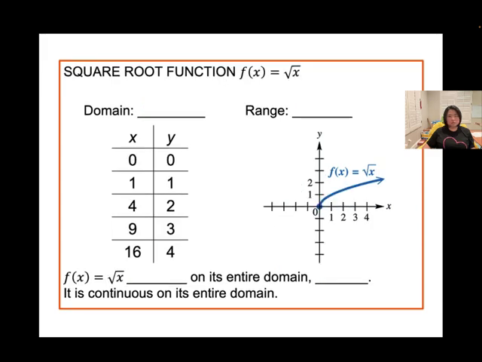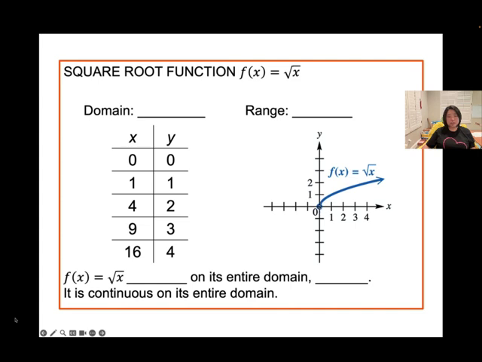Okay, square root function, f of x equal to square root of x. So think about it. What is your domain? Your domain starting from here until what? And then the range also. So the domain starting from 0, and this is equal to 0.